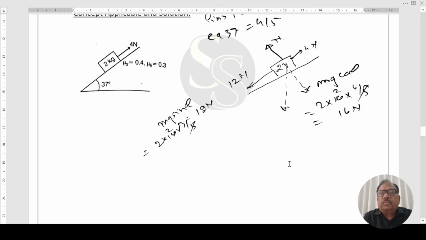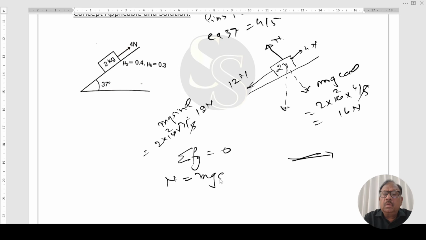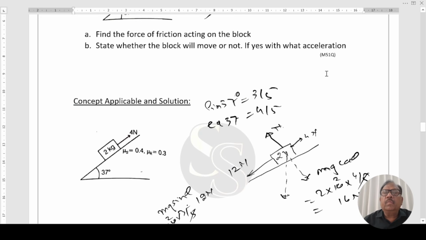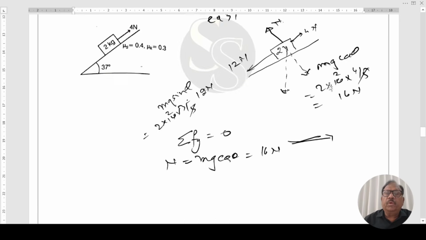Now, suppose this is the x-axis, this is the y-axis. Summation Fy equal to 0. Because there is no vertical motion, n will be equal to mg cos theta, that is 16 Newton. 2 into 10, 20, 20 into 4/5, 16. The coefficients are 0.4 and 0.3.